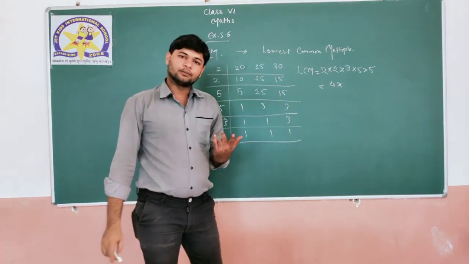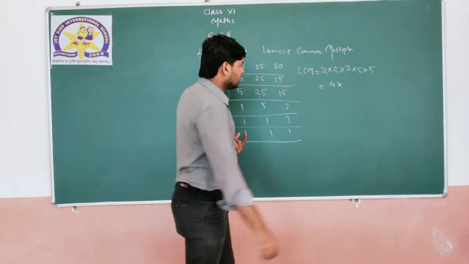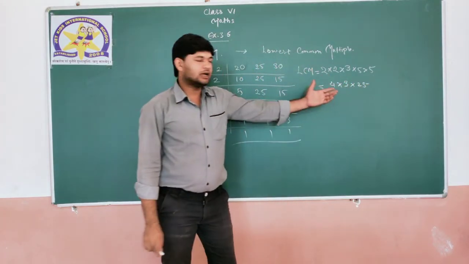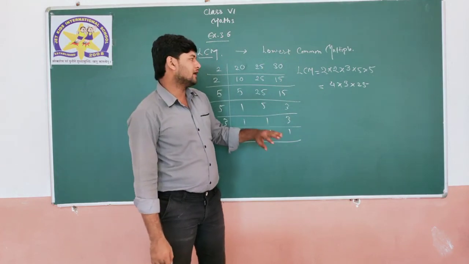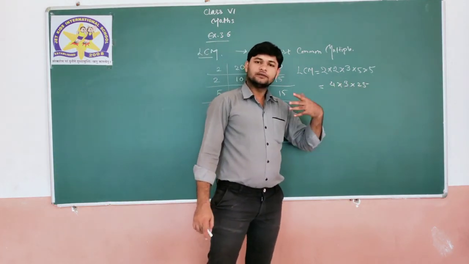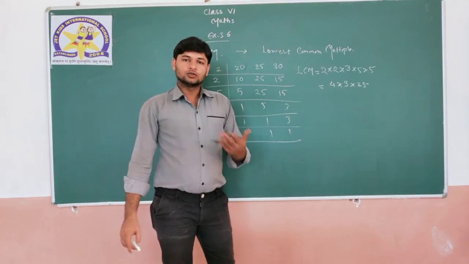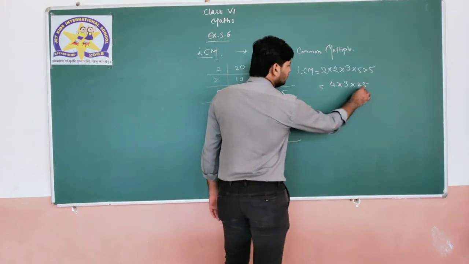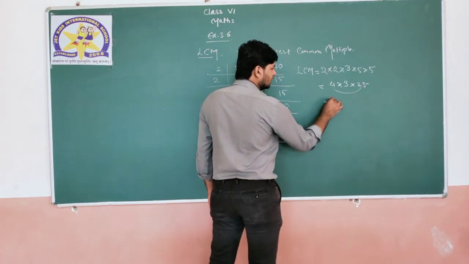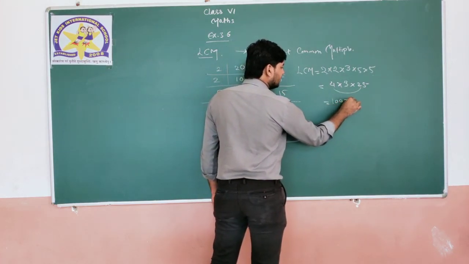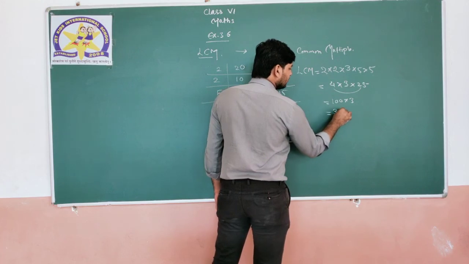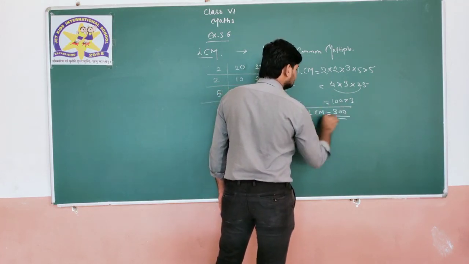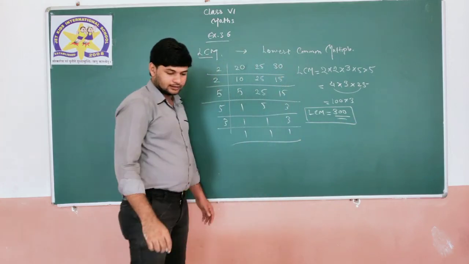Now rearrangement: which should I solve first to get the answer fast? 4 threes are 12, and 25 will be easy for those who know the table. But if you do it like this, 25 fours are 100, and 100 multiplied by 3 will be equal to 300. So our LCM will be 300, right?